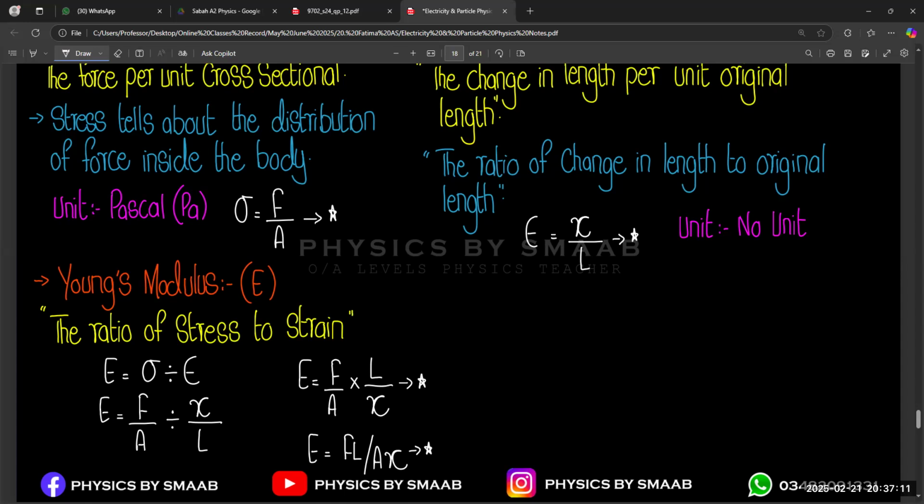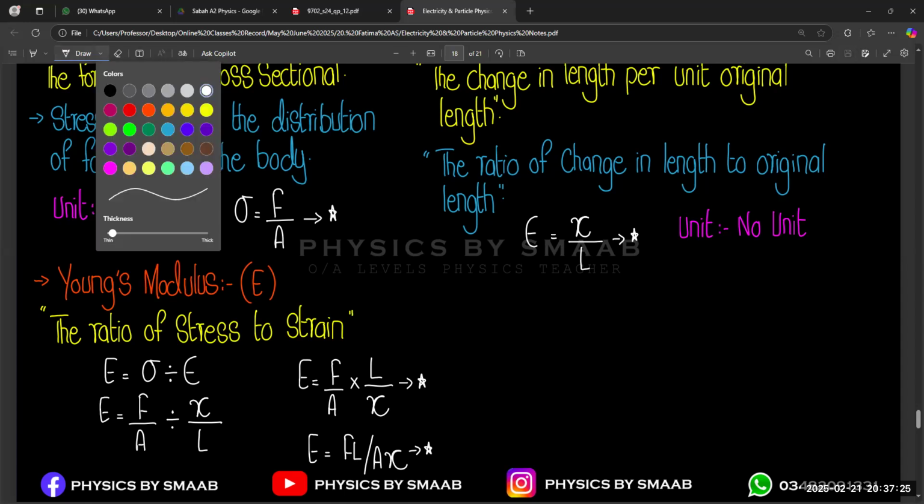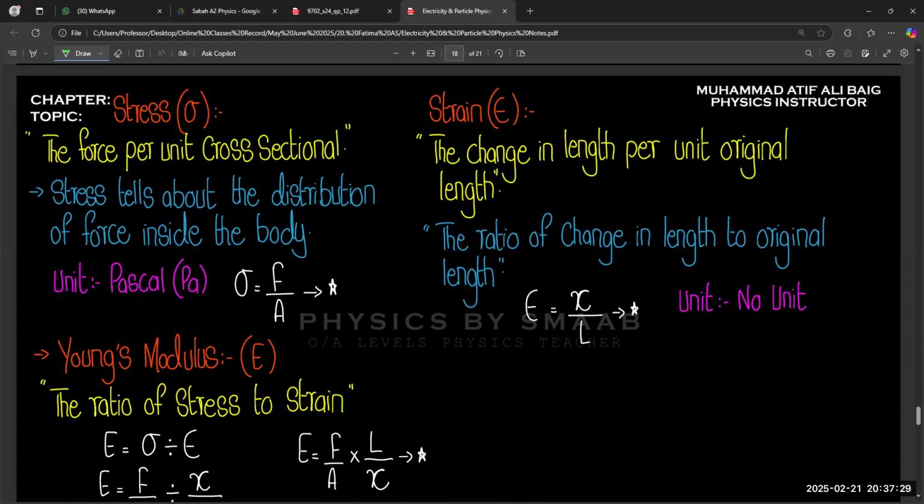And the concept of the word tensile is basically we use tensile stress or tensile strain. So we can also use those terms related to Young modulus. If in an exam question it is mentioned tensile stress or tensile strain, that gives you the same idea as the simple words stress and strain, because we use the word tensile for a change in a single length, or a change in one direction.